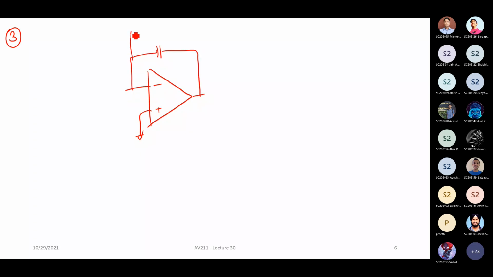Let's say we are not putting that resistor. Let's say even if you don't give a signal, let Vin be equal to 0. Now, in an ideal op amp, everything is fine, everything is 0 and no problems. But in a real op amp, you're going to have an offset voltage, correct?